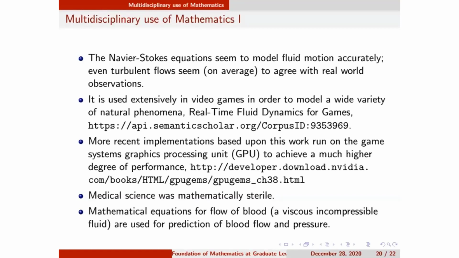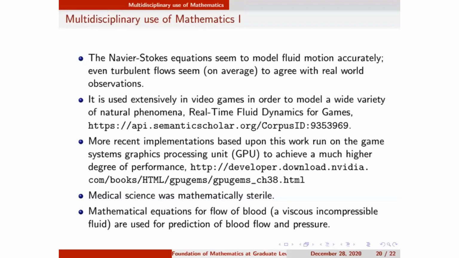After this, much research has been published. He also published in 2003 another article named Real-Time Fluid Dynamics for Games, where he talks about how we use mathematics in the formation of video games.